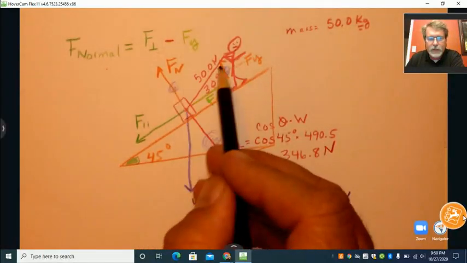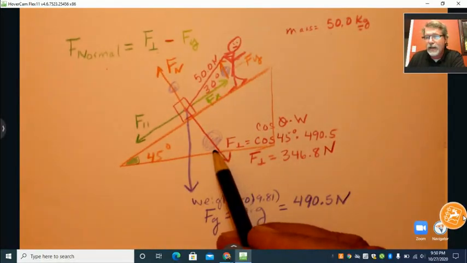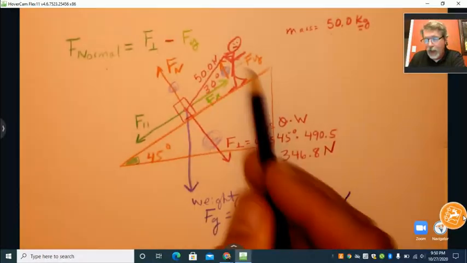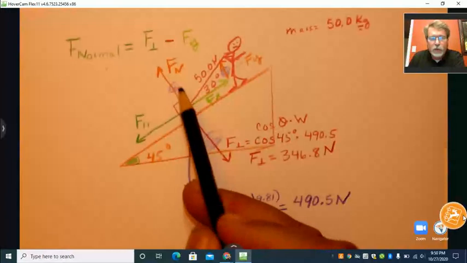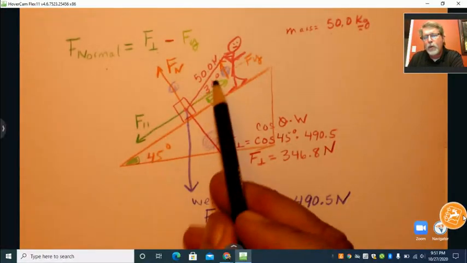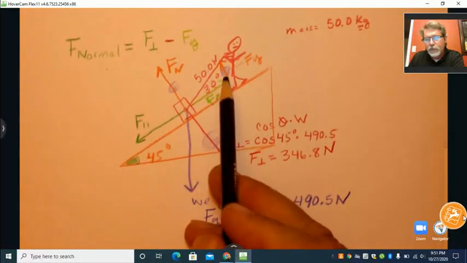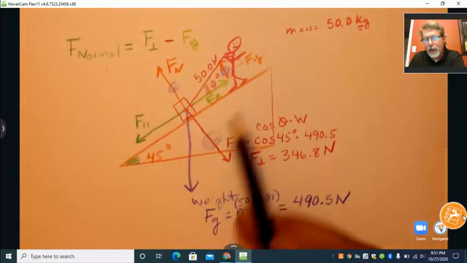So you see that these three vectors, and I'm putting that circle around, are all parallel to each other, and we're just going to simply add and subtract them until we find the other one. So force normal is going to equal force perpendicular because it's on an incline, but we want to decrease it by force of Y because someone's pulling it up. So we've got to combine those.